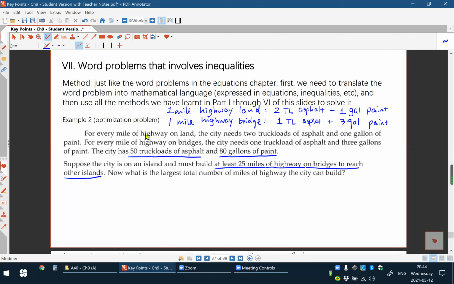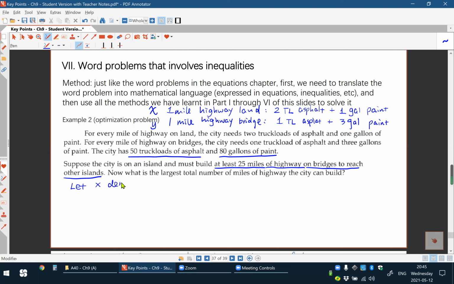Okay, so basically the question is, some of the highway must be built on land, right? Suppose x miles of highway are built on land, and y miles of highway are built on bridges. Okay, so let's first use two variables to denote these two quantities.